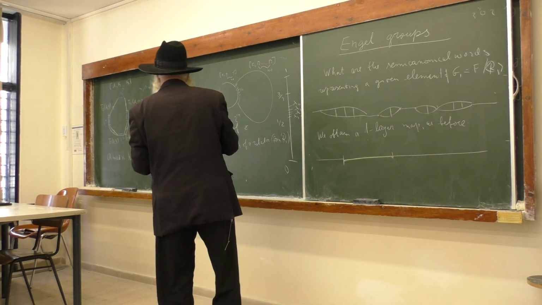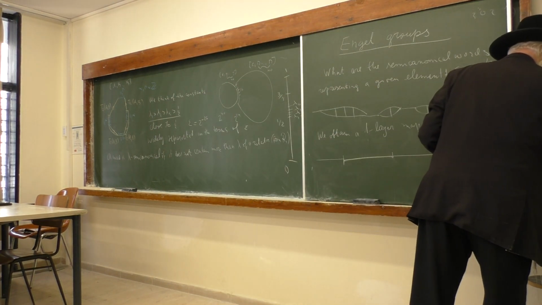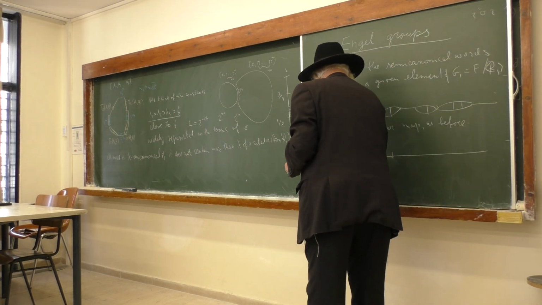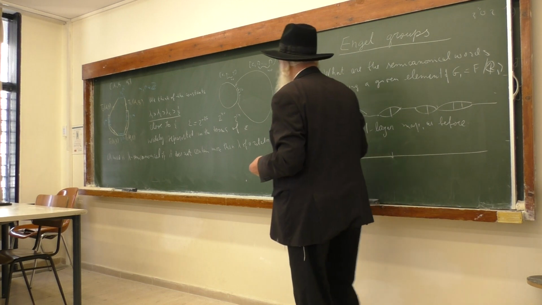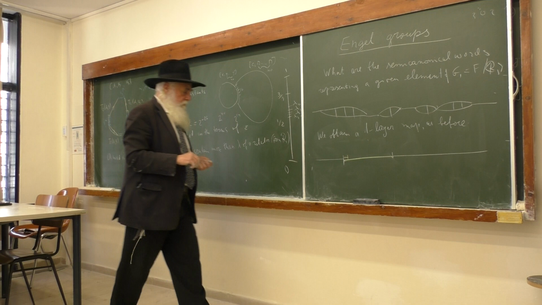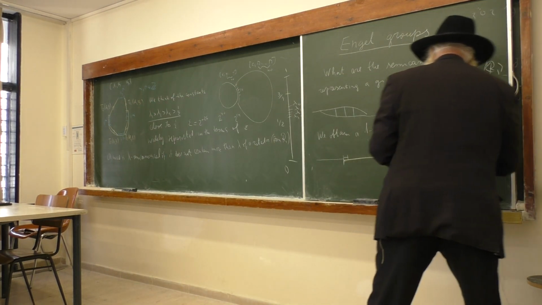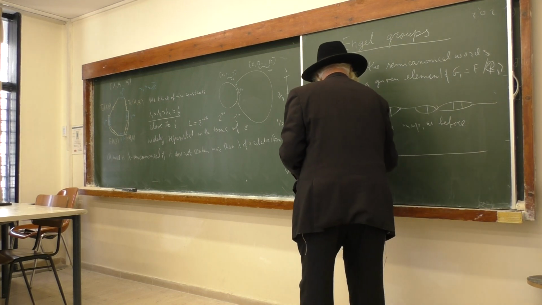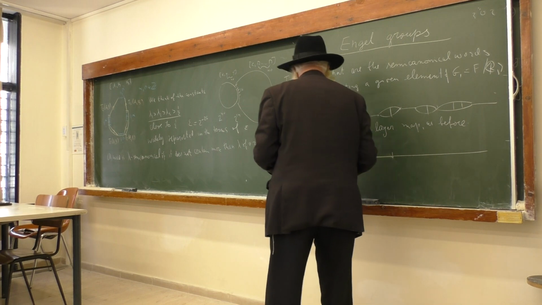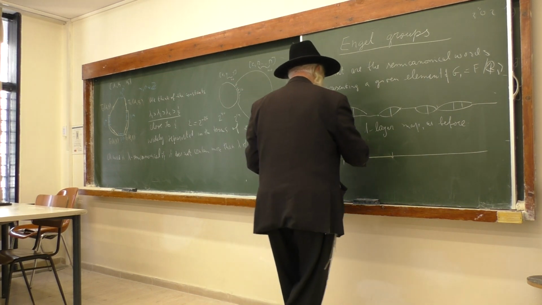Let me say, we can just picture it. Here was this side of it. Then we have here b to the power alpha, right?